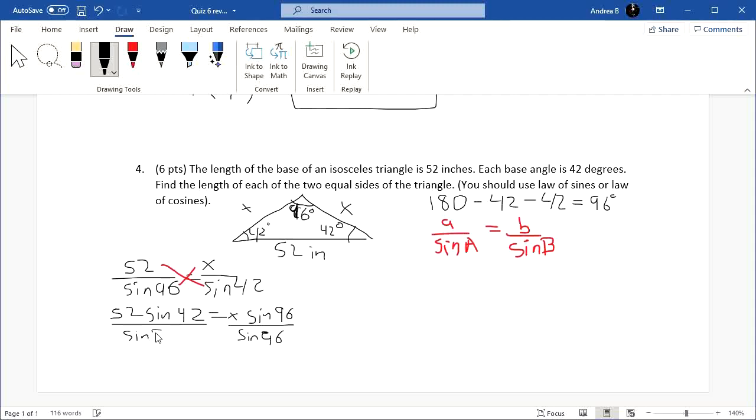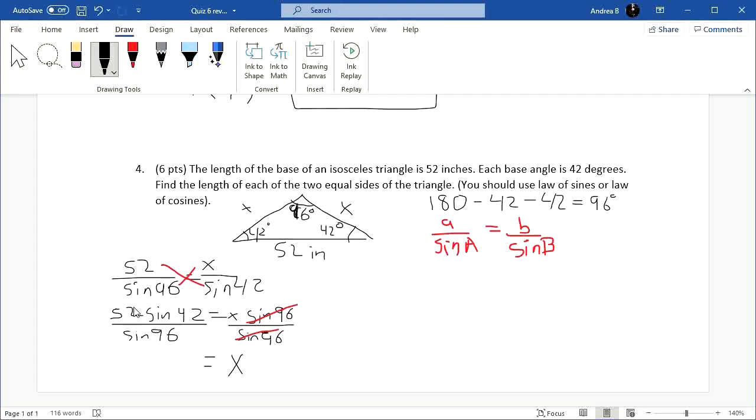So divide by sine of 96, because remember, anytime you have an angle, you always have to have a trig function matched up with it. And sine of 96 over sine of 96 is equal to 1. 1 times the x will leave us with just the x on that right hand side. Like normal, anytime you divide a number by itself, you cancel that out.